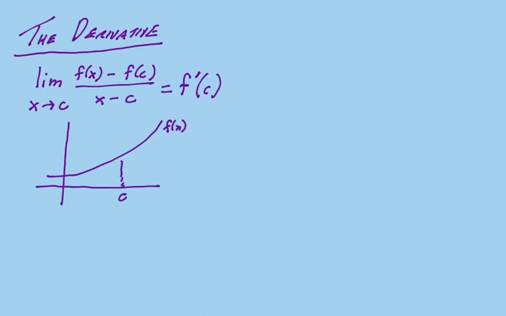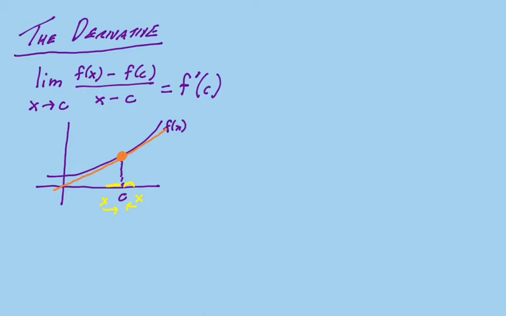Now, if I were to draw in a tangent line, what we're really doing is we are picking an x that's getting very close to c, and it can be getting very close to c from either side. So this gap between the c and the x that we pick is actually very, very small.